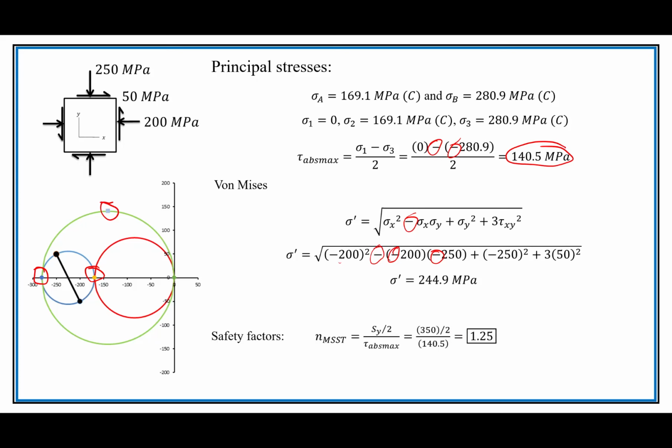And now when we go to safety factors, you can see that we take that 350 divided by 280 and get a 1.25. And then for distortion energy theory, we have a slightly larger 1.43.